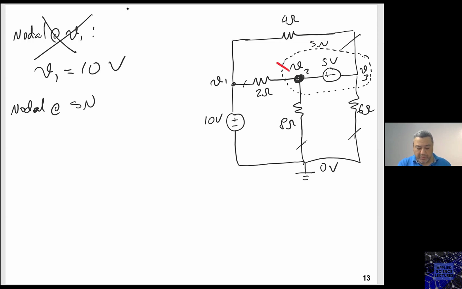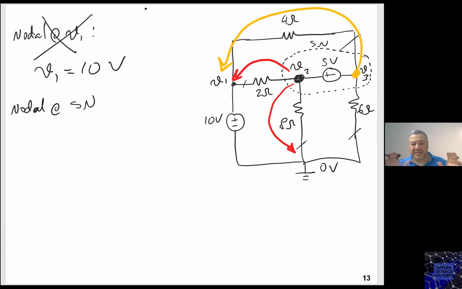So I would go, let me choose another color here. V1 minus V2 minus V1 over 2, V2 minus 0 over 8. And then I would jump to the next variable, and I will write, of course, all this in one equation, plus V3 minus V1 over 4 plus V3 minus 0 over 6.